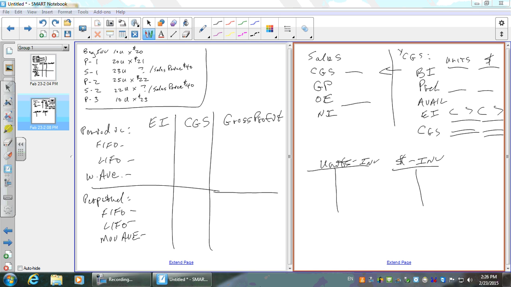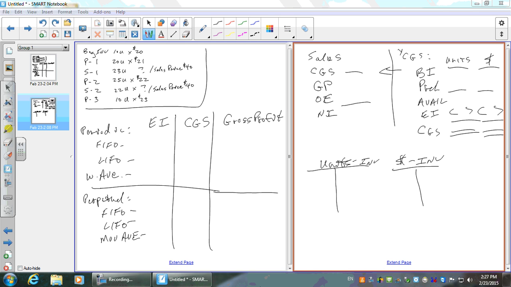Okay, when you get perpetual LIFO, remember perpetual LIFO is exactly the same as periodic LIFO. Oh, the moving averages? Okay, what do you do? You're starting with 10 at $20, so my average is 20. Then the first purchase, you're going to have a new average. So I've got a total of 30. It cost me 200 plus 420, 620. Divide 620 by the 30, you got your average.